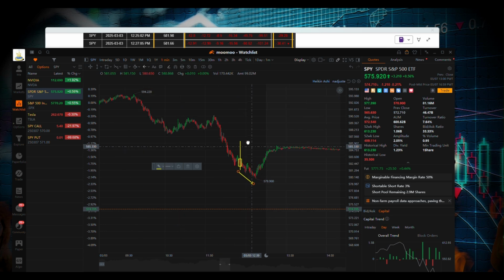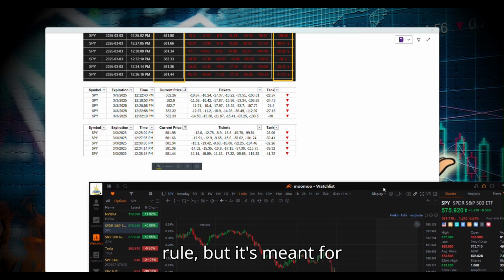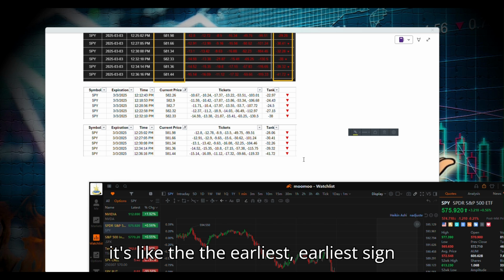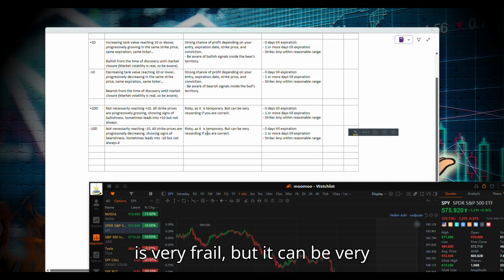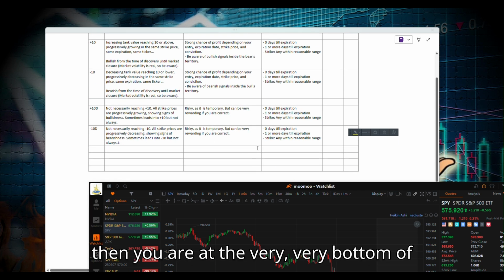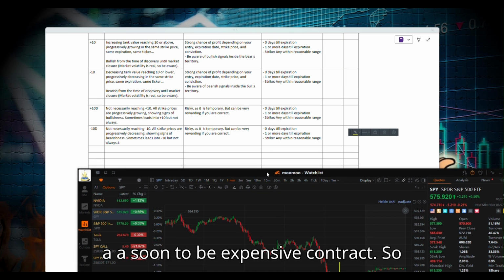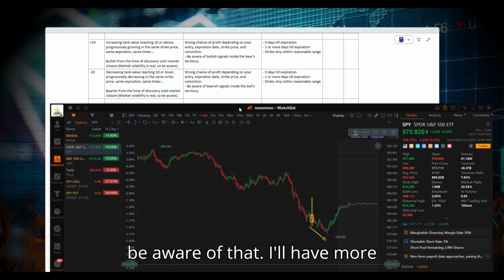So be careful and be aware. 10D is also a rule, but it's meant for scalpers, or it's like the earliest sign of a direction. It is very frail, but it can be very rewarding, because if you are right, then you are at the very, very bottom of a soon-to-be expensive contract. So be aware of that.